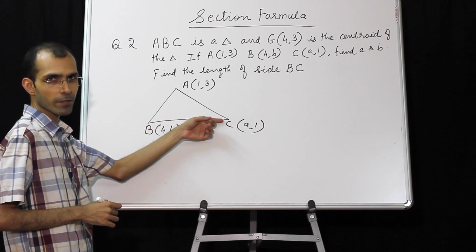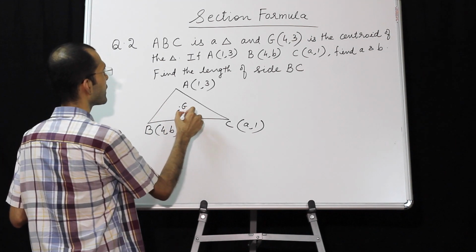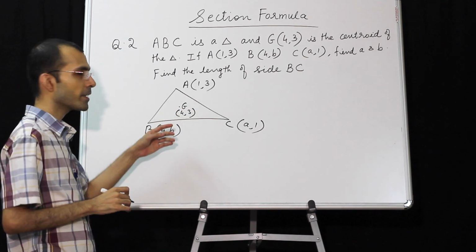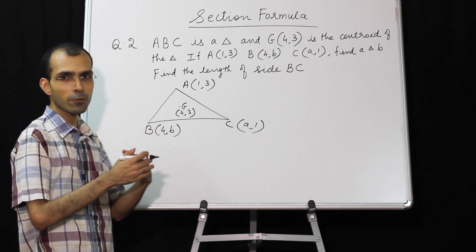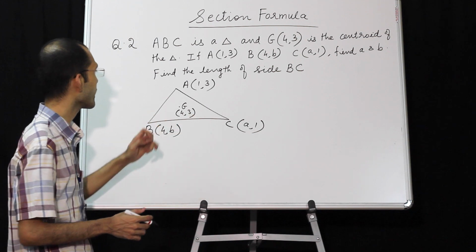And G is the centroid, so no need to draw the medians and all, just show this point here G. And the centroid is given now, reverse sum. G is given as (4, 3). You are not asked to find the centroid, that would be like too easy and direct. Here centroid is given, you find the missing coordinates.